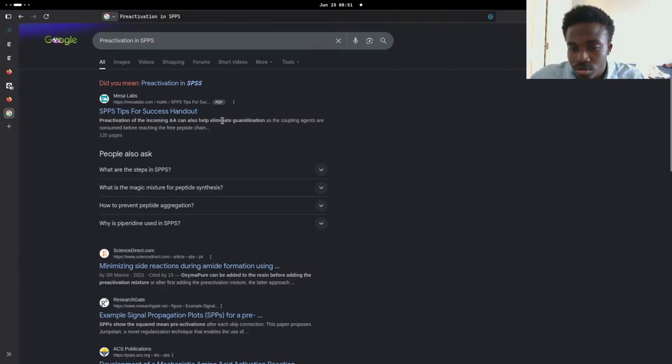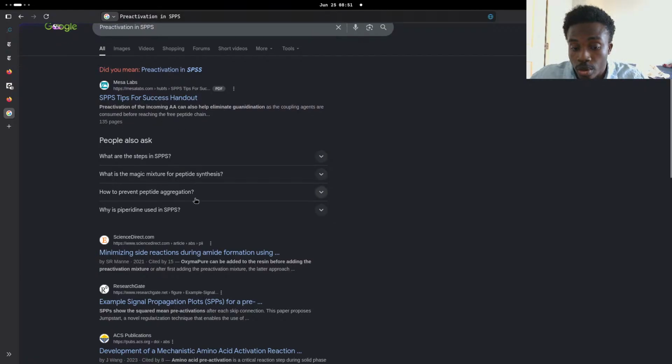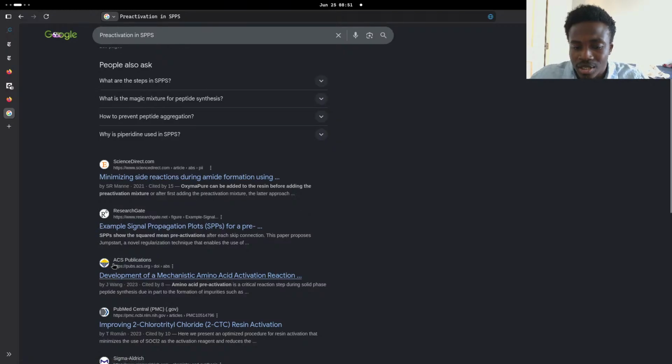Oh, this is a whoa. I mean, we can kind of skim through that. Like 2023, development of a mechanistic amino acid activation. It's not even complete.